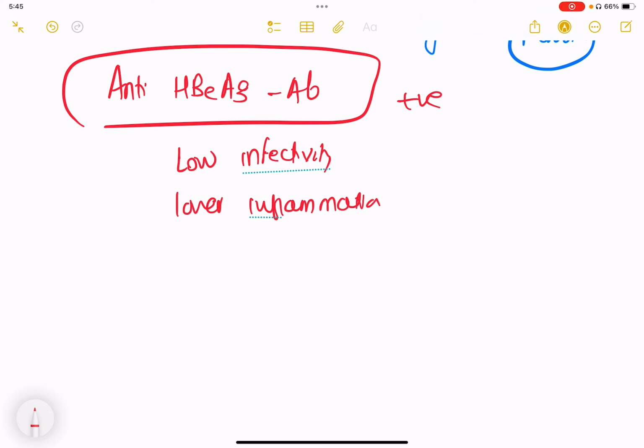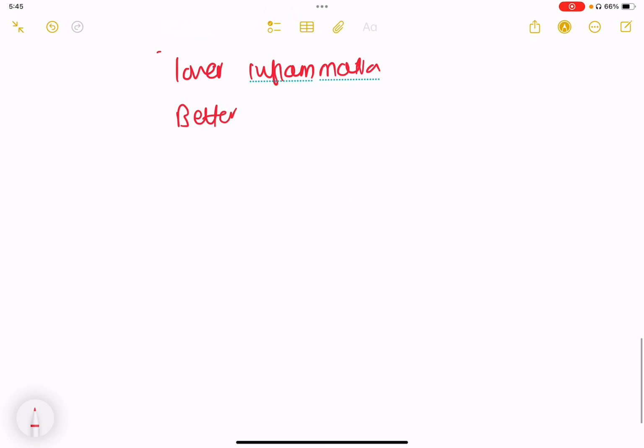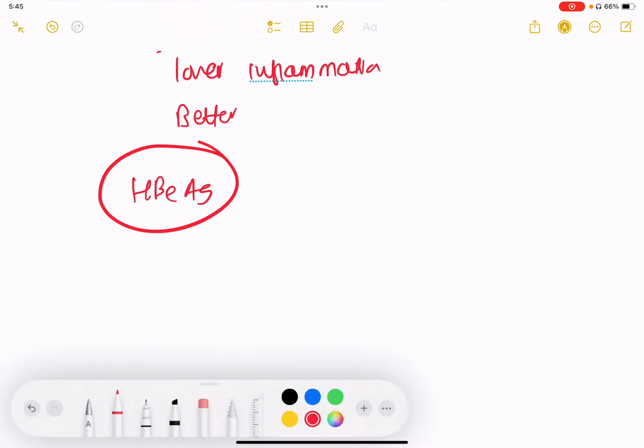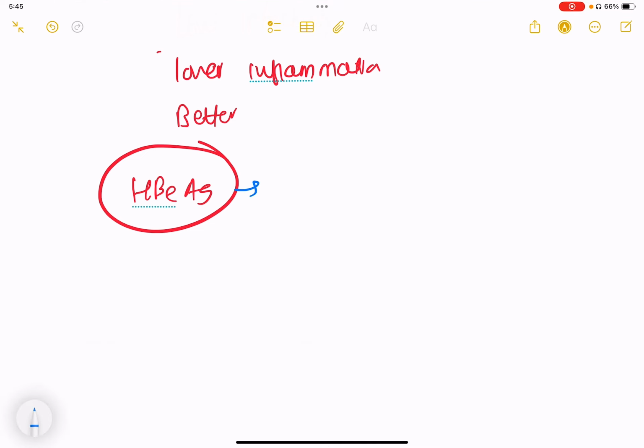It means that the patient is in better condition. Exactly opposite is hepatitis B E antigen, because if only E antigen is positive in absence of the antibodies against it, it usually indicates high infectivity, so high replication and high damage to the liver.